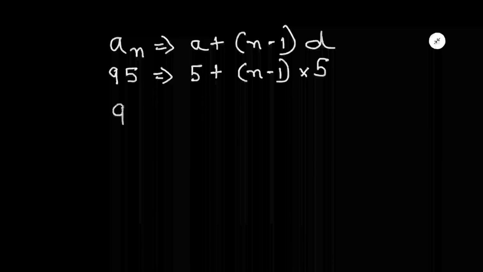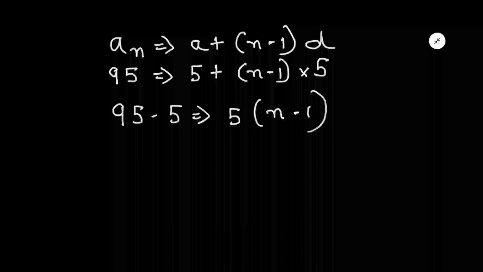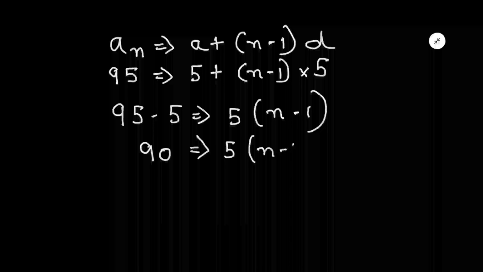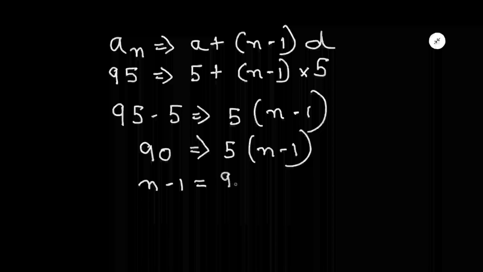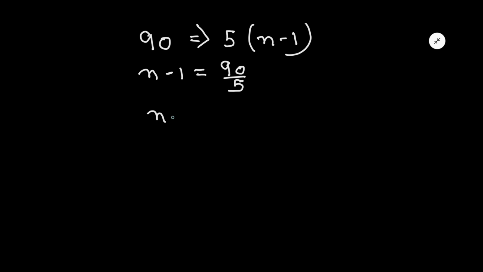So 95 minus 5 is equal to 5 into n minus 1. 95 minus 5 is 90, which is equal to 5 into n minus 1. So n minus 1 is equal to 90 upon 5. As 5 into 18 is 90, n minus 1 is equal to 18. So n is equal to 19.